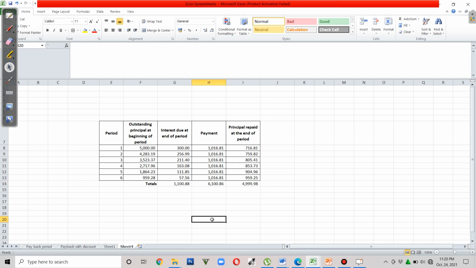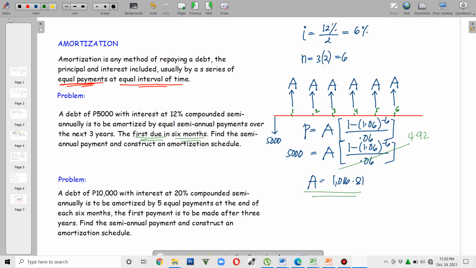Okay, so moving on to the next example of this amortization schedule, we have a debt of 10,000 pesos with interest at 20% compounded semi-annually is to be amortized by 5 equal payments. At the end of each 6 months, okay, the first payment is to be made after 3 years.